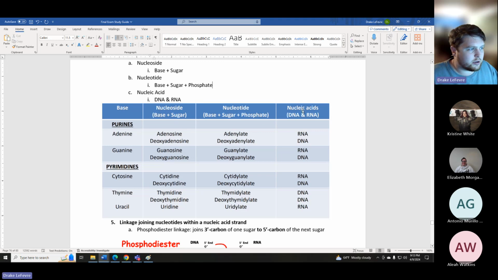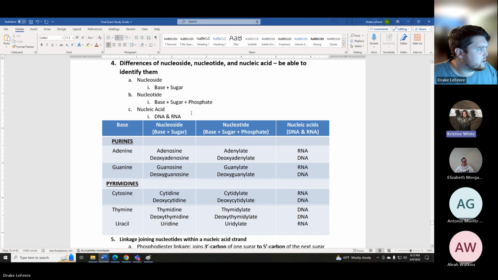Our little chart here. Nucleoside, nucleotide, nucleic acid. We talked about this a little bit last time. And also there was another one before, just the base. Wasn't there another name? Nucleoside, nucleotide, and there was another nucleo-something. Do you even remember? I thought last week we talked about that, because we were trying to figure out why adenylate was the nucleotide in that question.